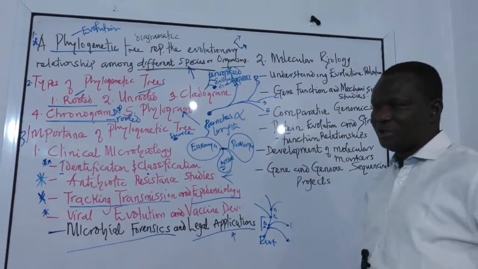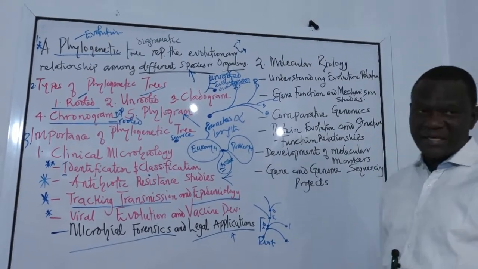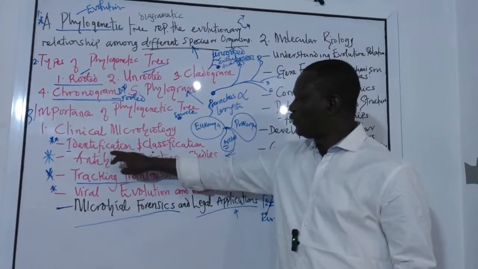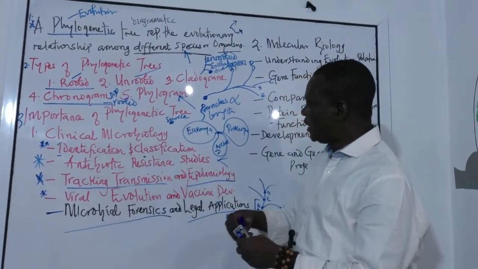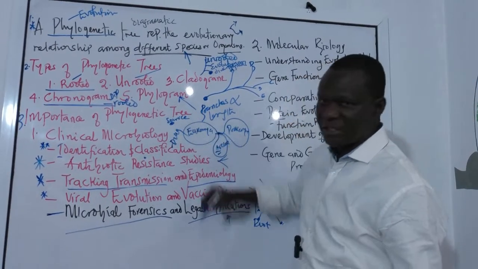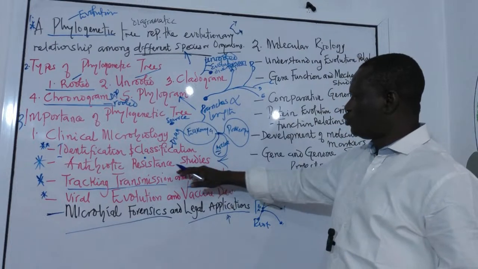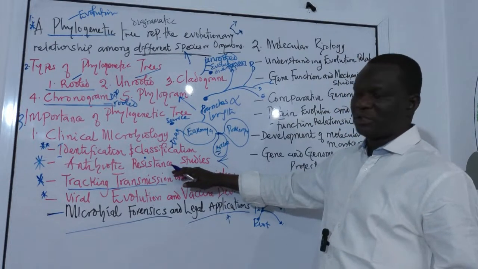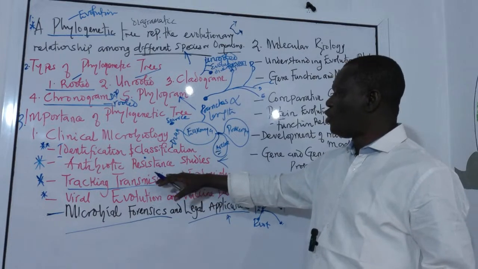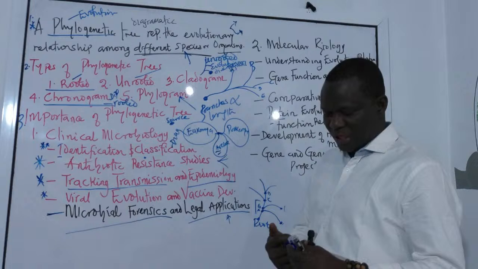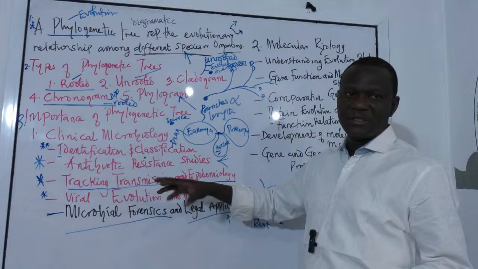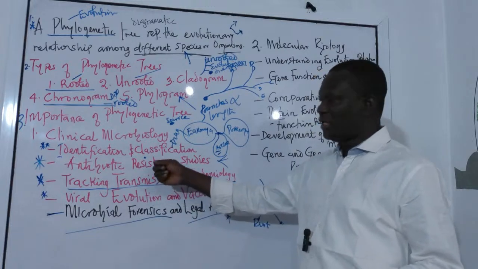So that is the first relevance or application of phylogenetic trees in clinical microbiology. I told you it is used for identification and diagnosis, which means you can use it in diagnostic studies. For antibiotic resistance, if you want to know organisms that are related, that means they will develop resistance to similar, very closely related antibiotics.